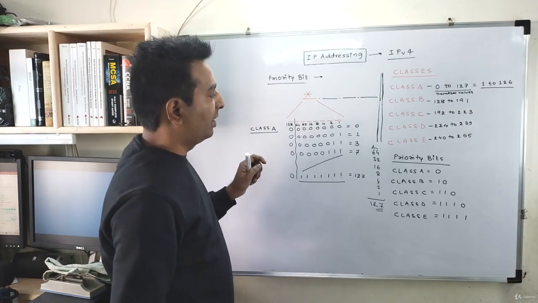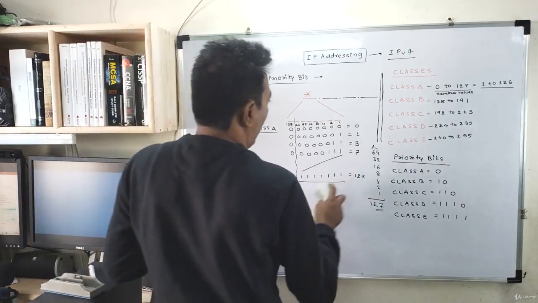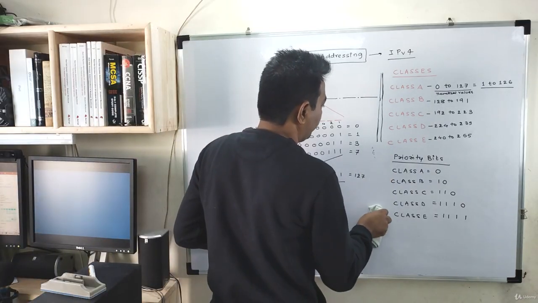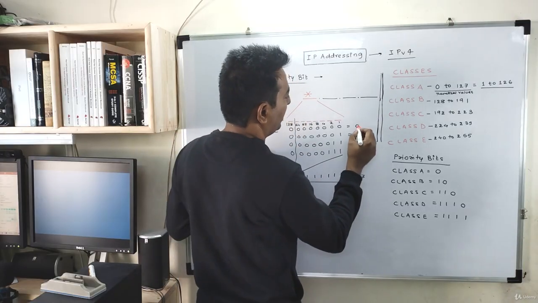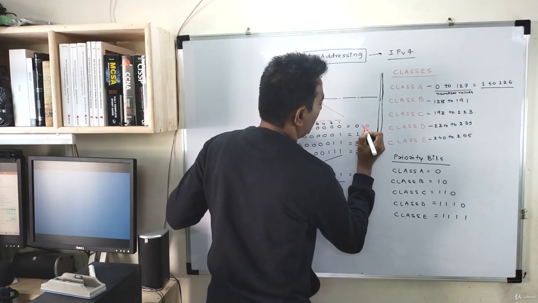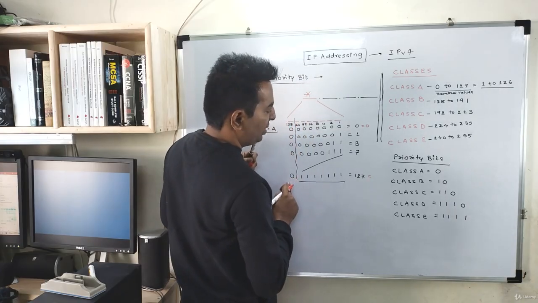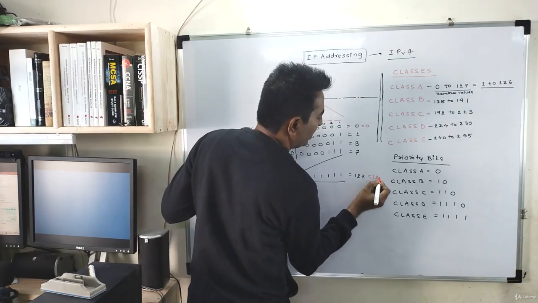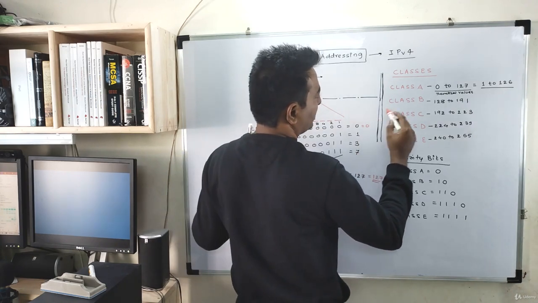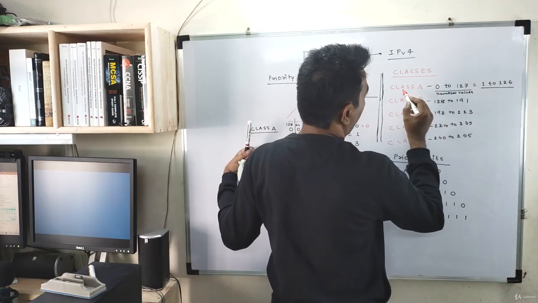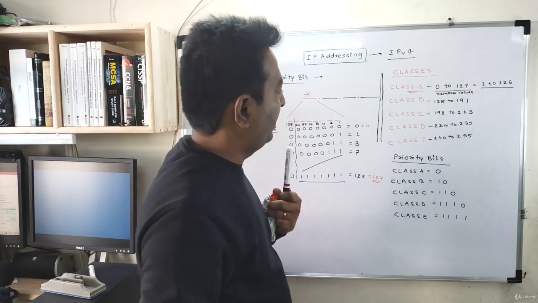So that is why the IP class A starts with the number 0 and the class A range ends at 127. I hope now you have a clear understanding of why the class A range is 0 to 127.